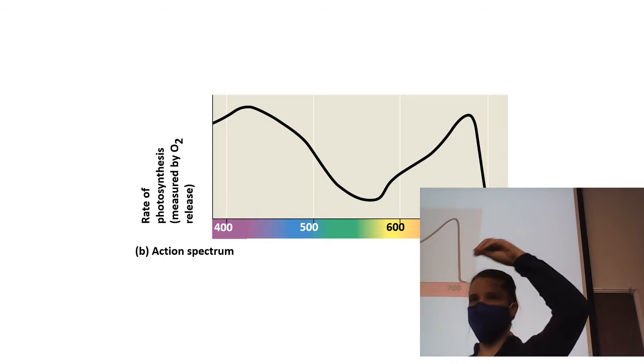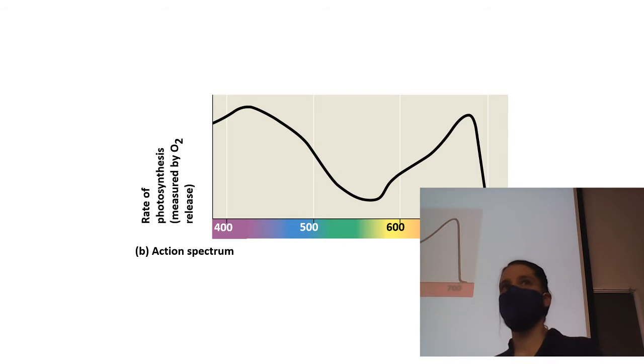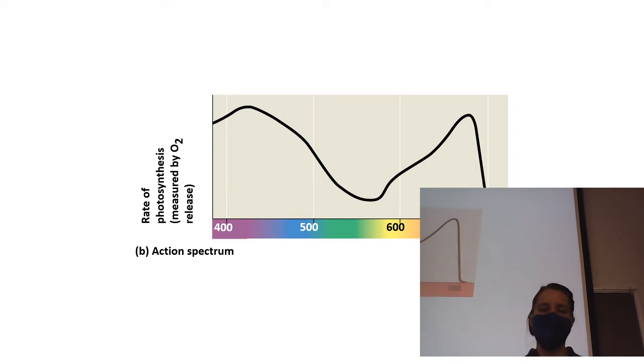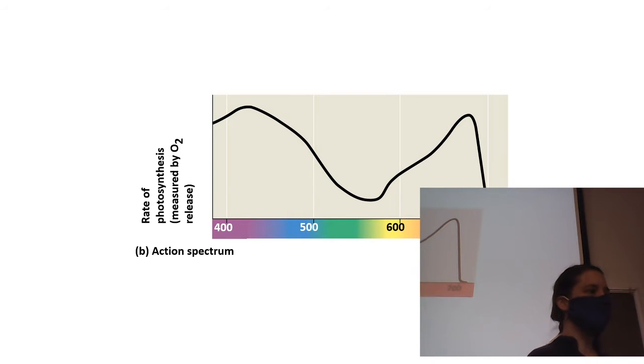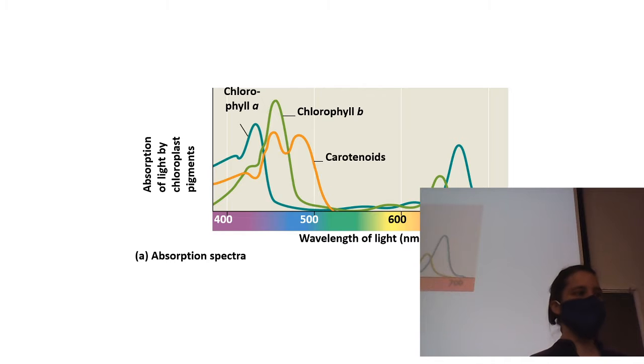If you're shining different wavelengths of light on a plant and watching how photosynthesis is going, right? Like the rate of photosynthesis, is it going well, is it going poorly? You'll notice those rates of photosynthesis look a lot like where pigments can absorb light energy, right?